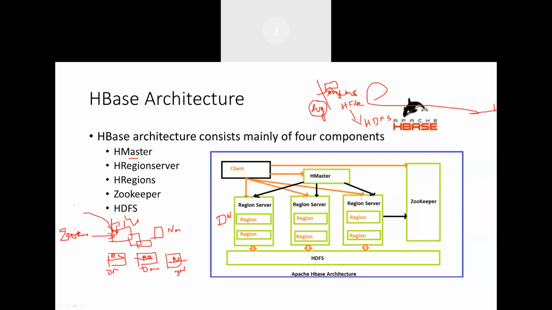They will not invest in a huge server with so much cost. So it is less reliable, and it is possible that a node will go down anytime. In order to avoid all those problems, the data flow in HBase happens this way. Is this okay?